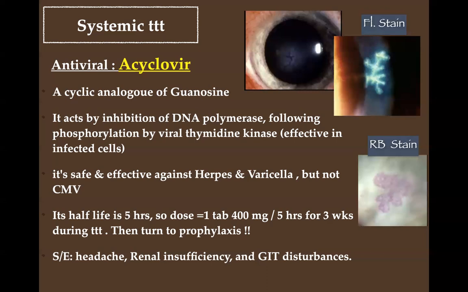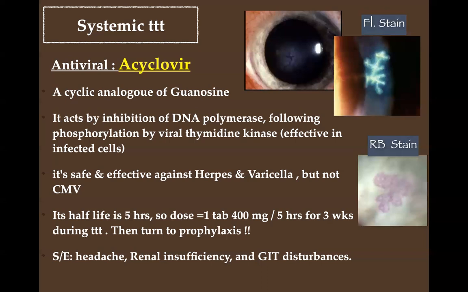phosphorylation, or actually this word, there's a mistyping. The correct word is phosphorylation by viral thymidine kinase, which is effective in infected cells. It's safe and effective against herpes simplex virus, varicella zoster, but not against cytomegalovirus.